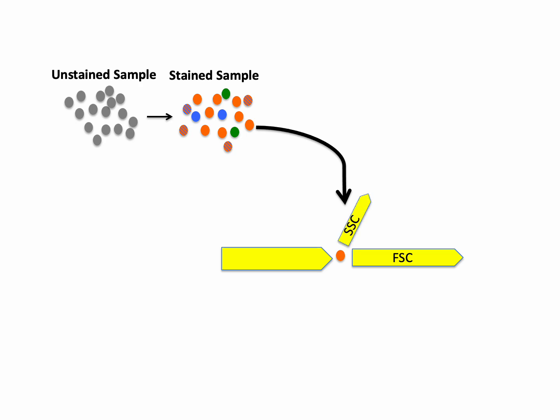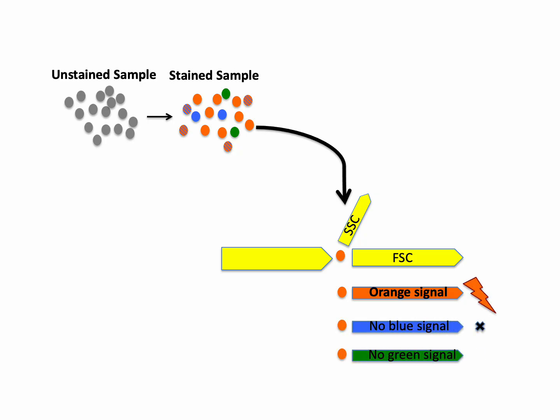We also have light deflected at an angle, which gives us our side scatter, giving us a sense of cellular granularity or complexity. As the cell is orange, we'll be able to record an orange signal, but our blue detector and green detector will show no signal. So this will be a cell which has only the orange marker expressed with no blue or green signal present.